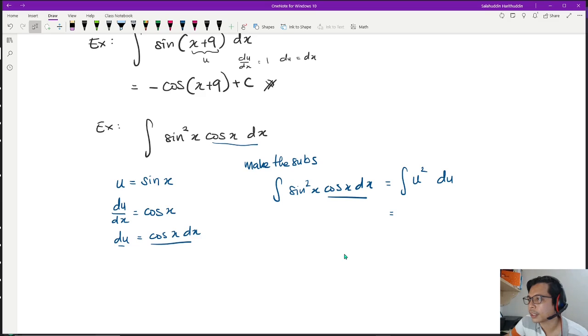Careful not to confuse differentiation with integration. Here I will get u to the power 3 divided by 3. Rewrite everything again. It will be sine cubed x over 3 plus c.